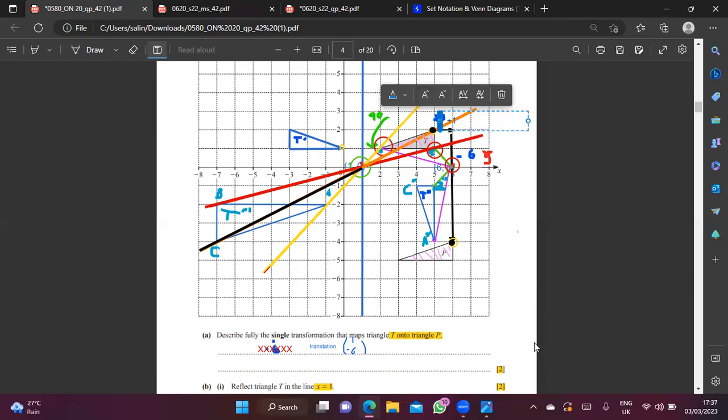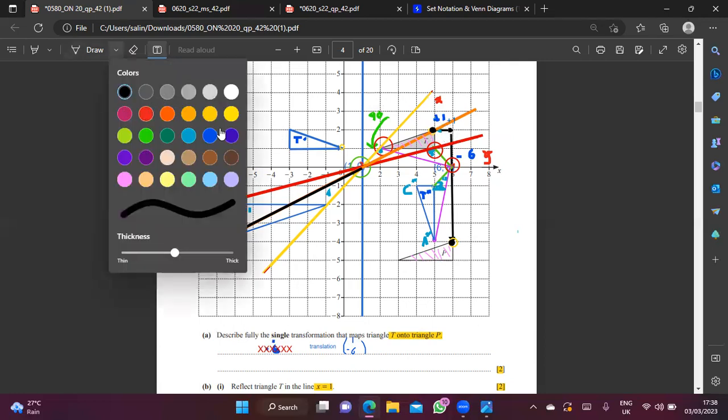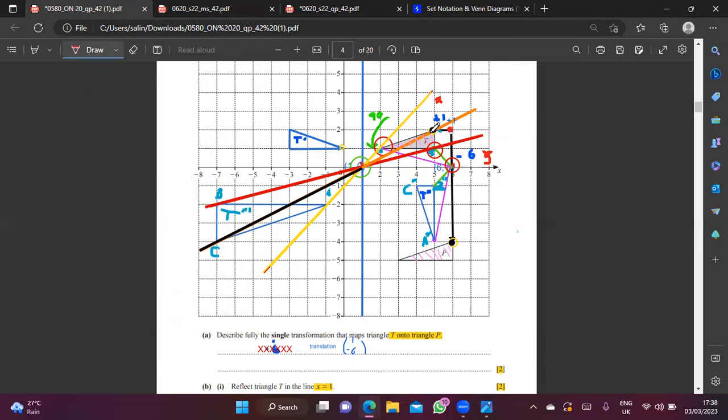Okay, you can see clearly. This point going to that point, to the red point, is only 1 step. There you go. The black point going to the red point, only 1 step to the right. So plus 1. And then let's see how many steps this point going downwards.